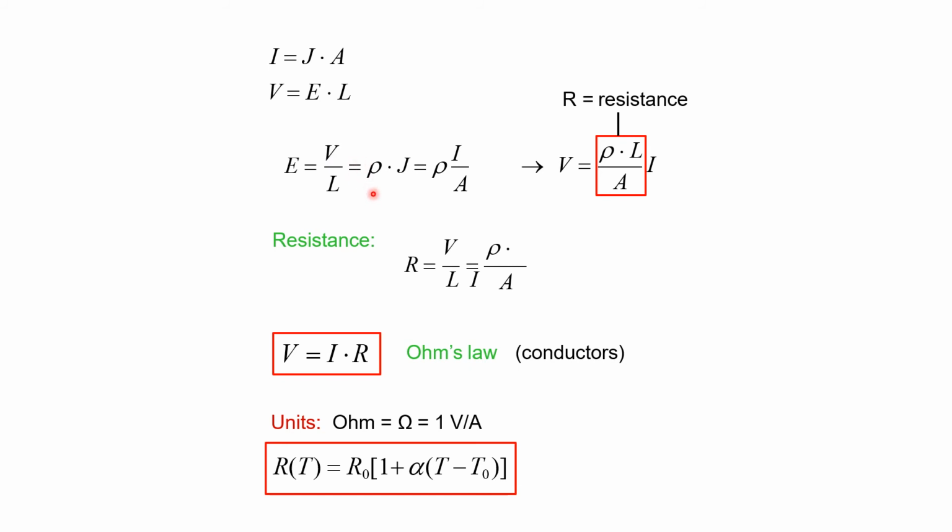And this is equal to your rho times J. So you have rho I over A. And as you can see here, for your voltage, you have rho L over A times I. And your rho L over A here is just your resistance. This is your resistance R. Then we have your V equals IR, and we have your Ohm's law for your conductors.